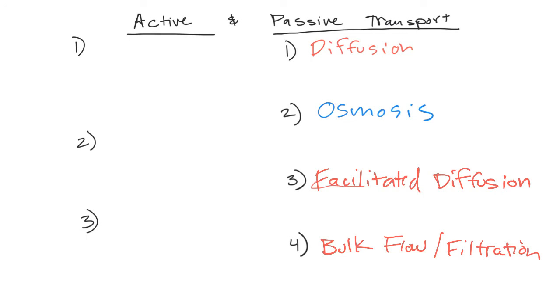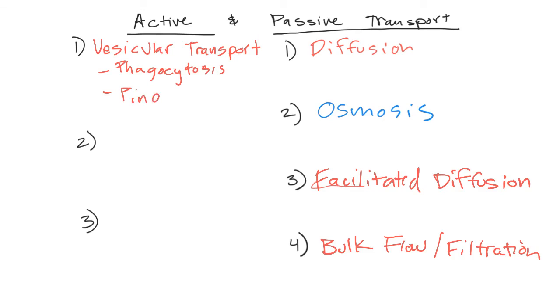Okay, our active transports, we have vesicular transport, of which there are a few different kinds. All right, we've got phagocytosis, and pinocytosis.